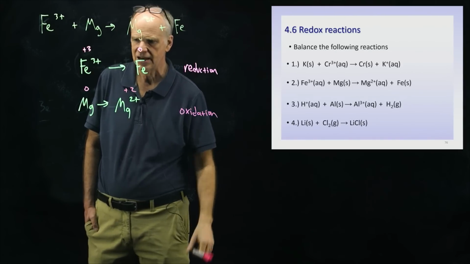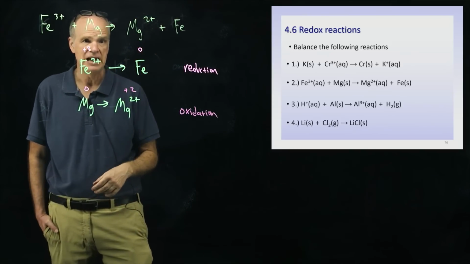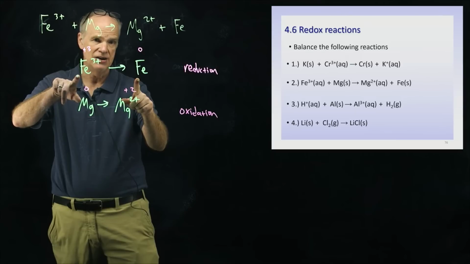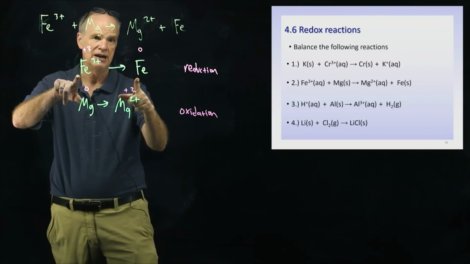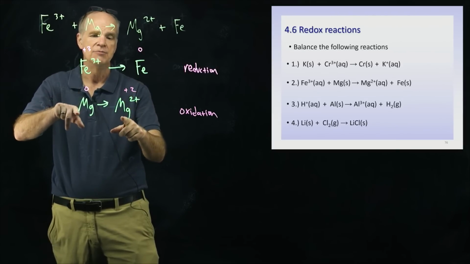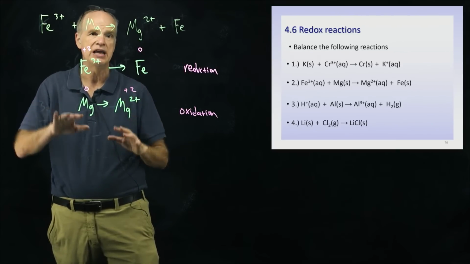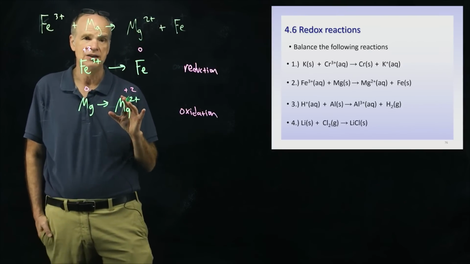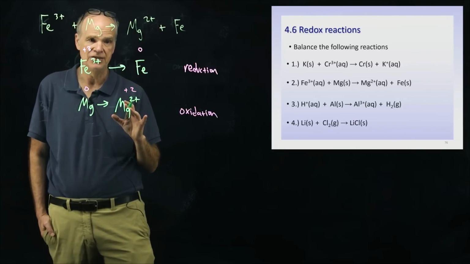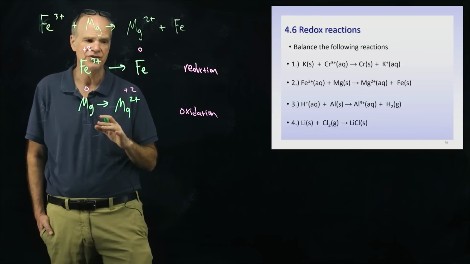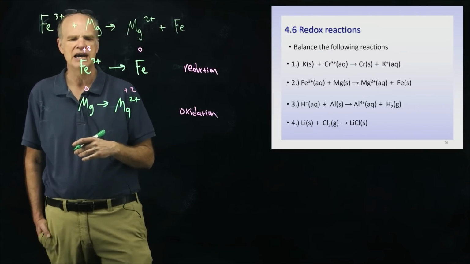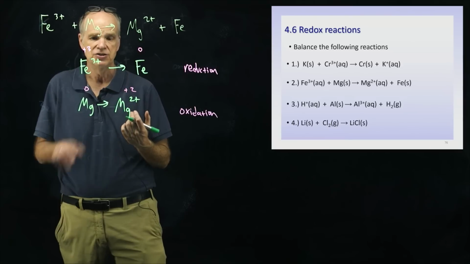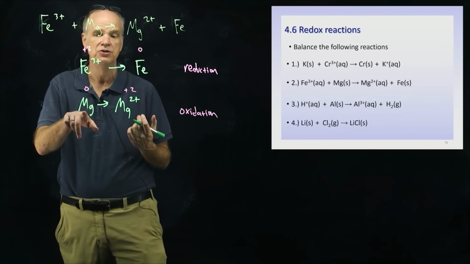Okay, so the next step is we're going to balance atoms in each of these half reactions. You see that in the iron half reaction we have 1 iron atom on each side. The magnesium, same deal, so the atoms are balanced. Okay, so the next step is to put in electrons using that symbol into each of these equations. So let's focus in on the oxidation reaction first. So again, in the oxidation reaction, you have something that's going to lose electrons.